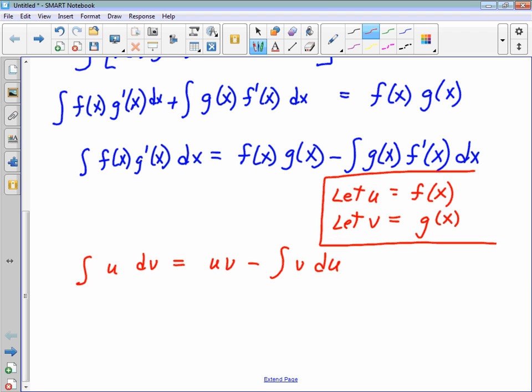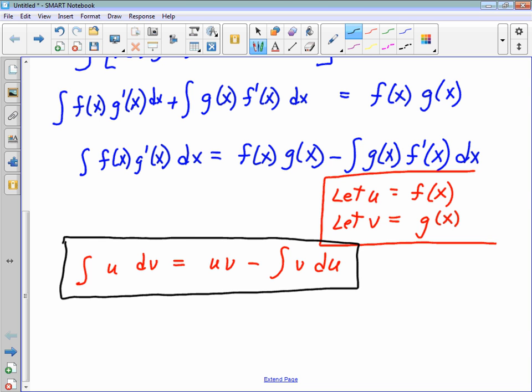And this is what you commonly see when using integration by parts. It's just not as intimidating as all of this stuff up here, but it is the same thing. Okay, so that's the first part. That only took us 6 minutes and change. Let's do an example.